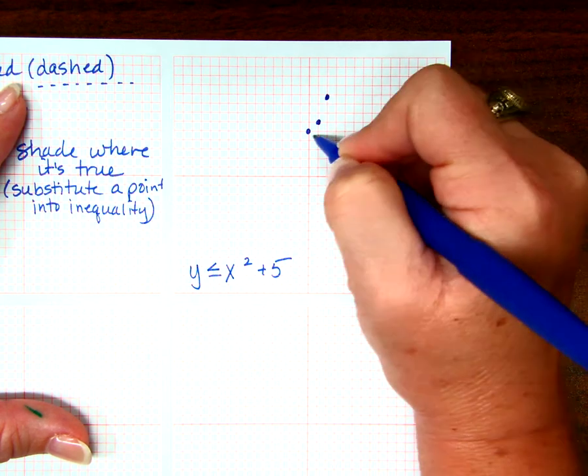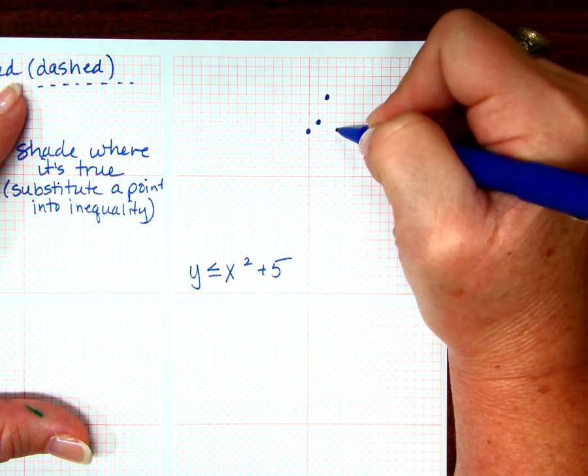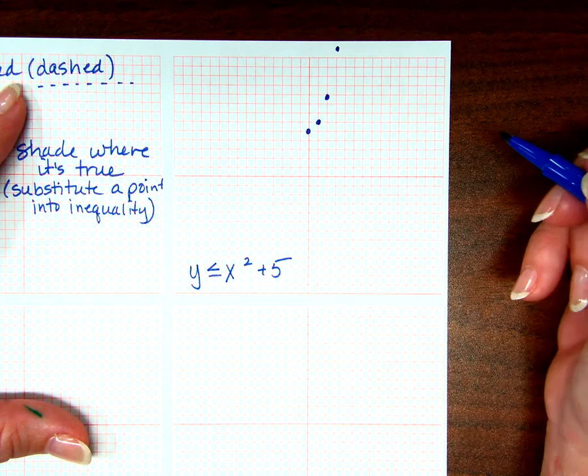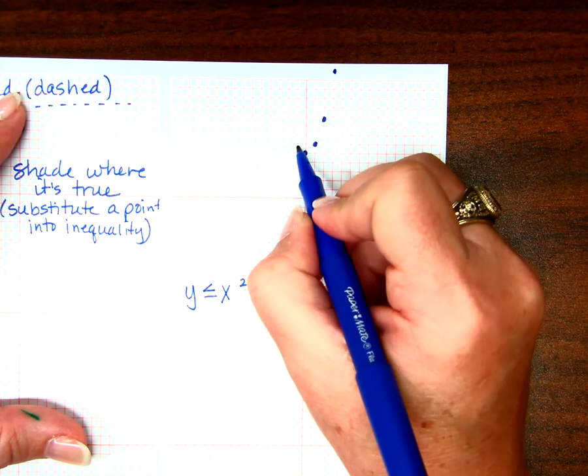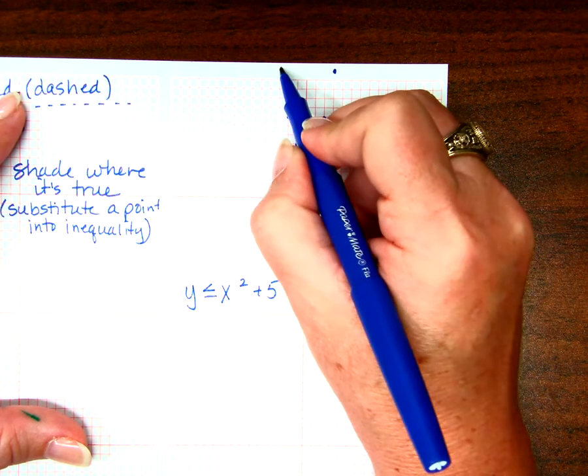And I could go over 3, up 9, right? So let's see, over 3. 1, 2, 3, 4, 5, 6, 7, 8, 9. And I know parabolas are symmetric, so I could just mirror the points on the other side, right?